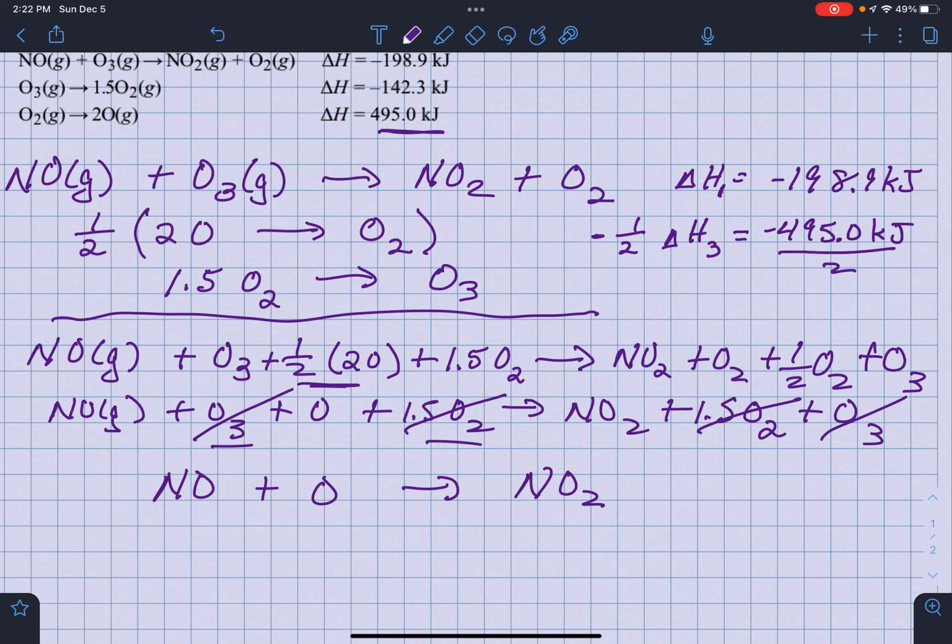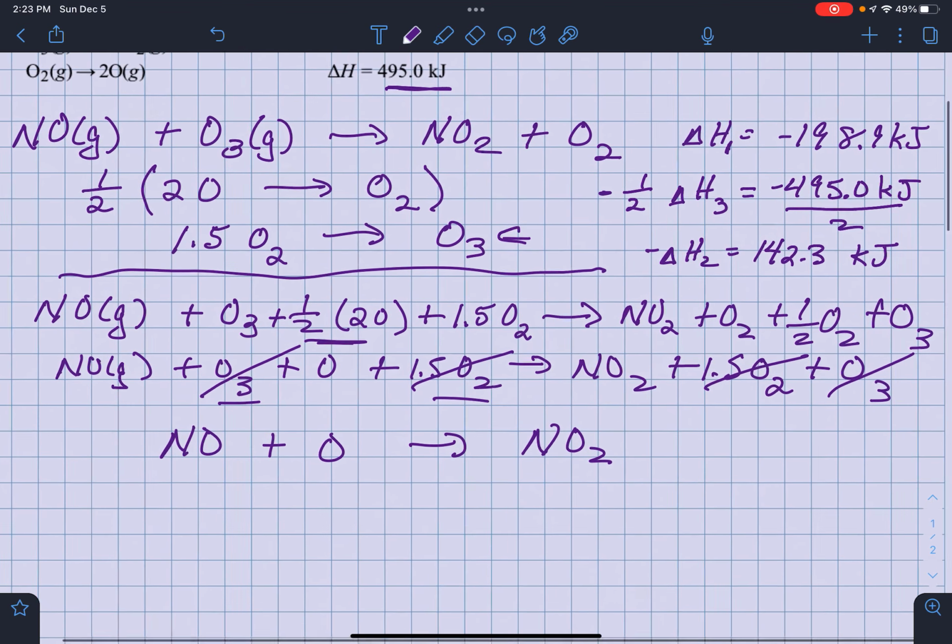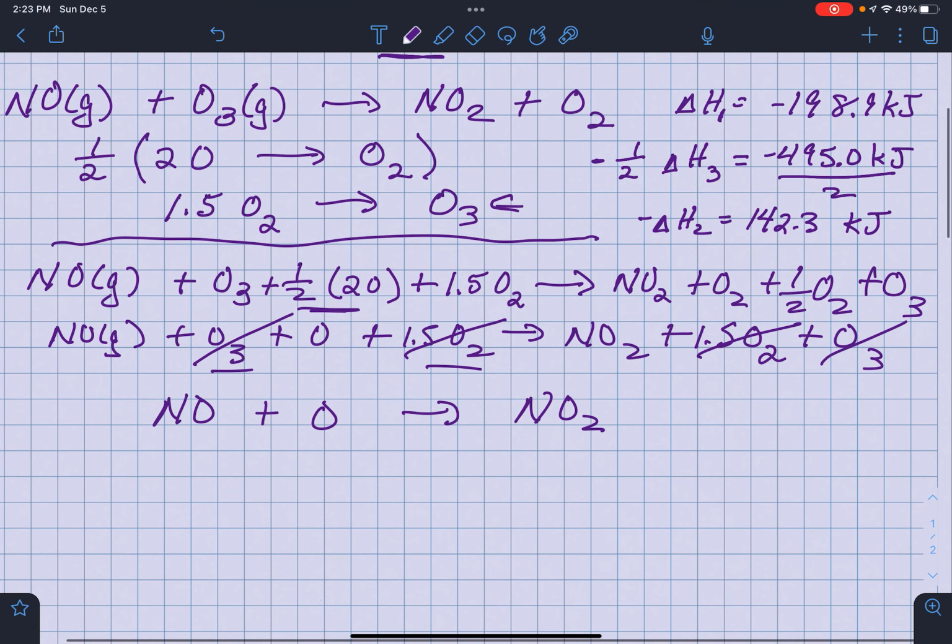And then for the third reaction here, what we did was we simply reversed the reaction. And so that means for this one, it's just going to be negative delta H for reaction 2, which was 142.3 kilojoules.